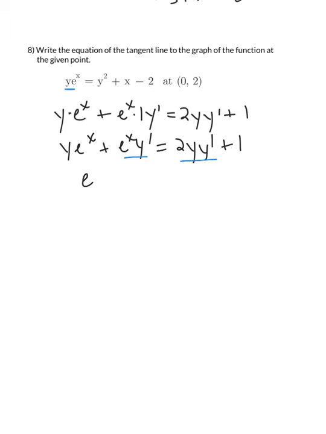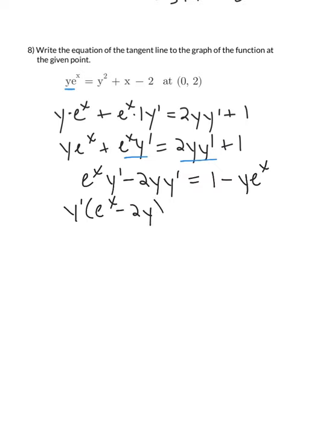That will give me e to the x y prime minus 2y y prime equals 1 minus y e to the x. I need to factor out the y prime on the left, which would leave e to the x minus 2y inside the quantity.